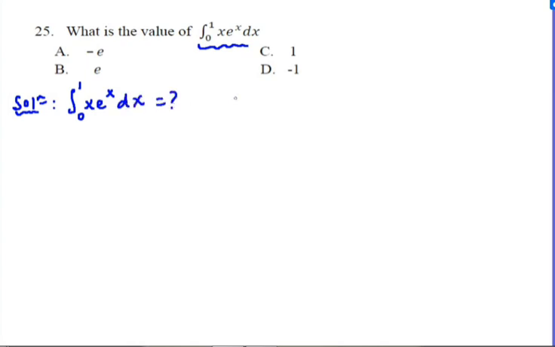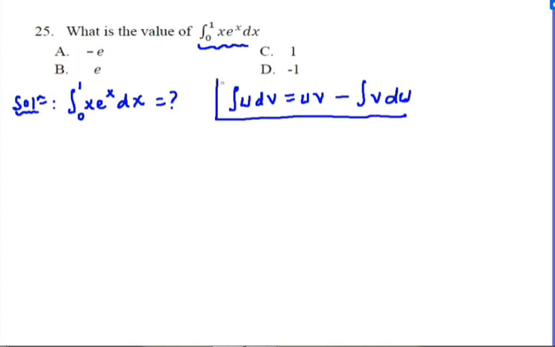So apply integration by parts. Just to remind you the formula for integration by parts: the integral of u dv is equal to uv minus the integral of v du. This is the formula that we use to solve integrals that require integration by parts.